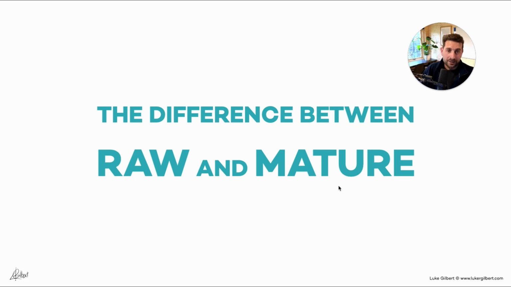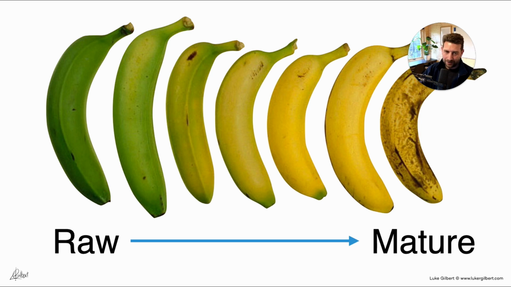Mature, on the other hand, is something where, again, it's that definition we've looked at. It's something that brings you energy and is sustainable over the long term. If we think of an example of a banana, right? A raw banana, when it's green, it's still a banana. But is it useful? Is it nice? Is it tasty? Is it enjoyable? Have you ever tasted a raw banana?